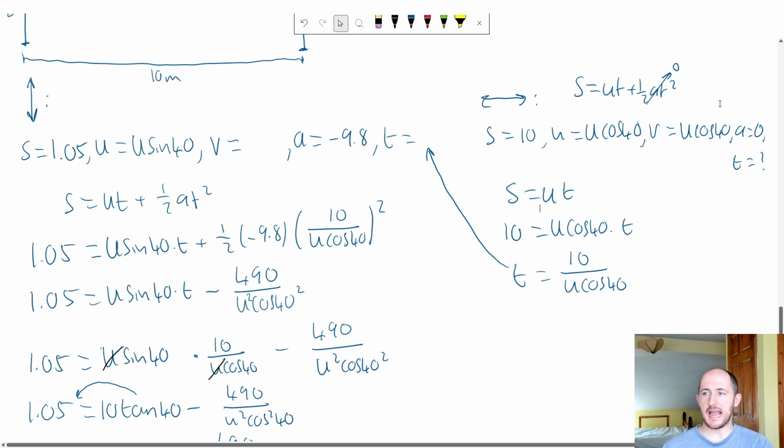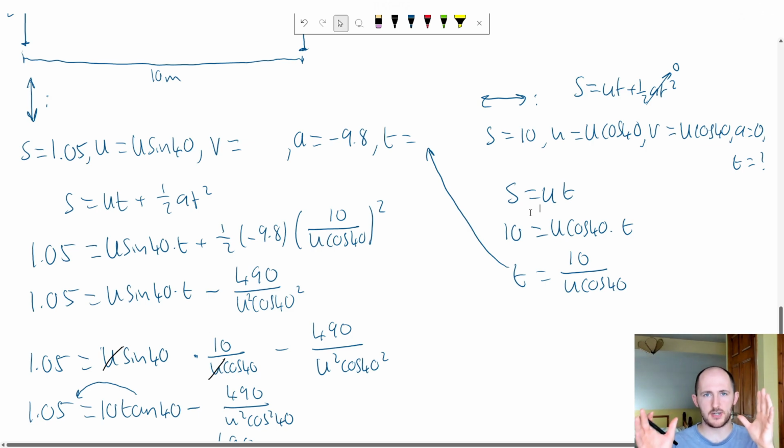Why? Because a is 0, which means a lot of the other formulas become useless. v equals u plus at, useless. Same with the other equations. They become useless because u and v are the same and a is 0. So we're just using s equals ut.